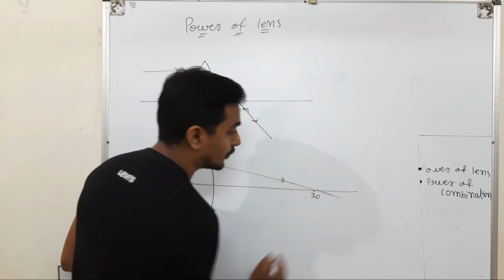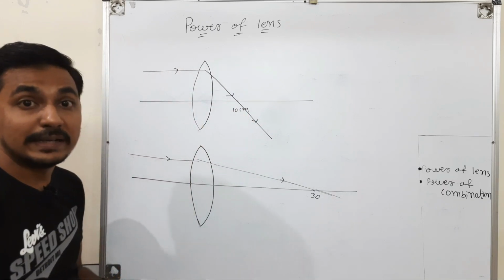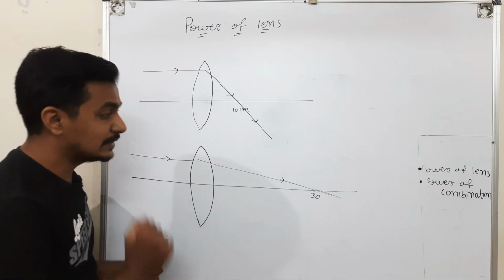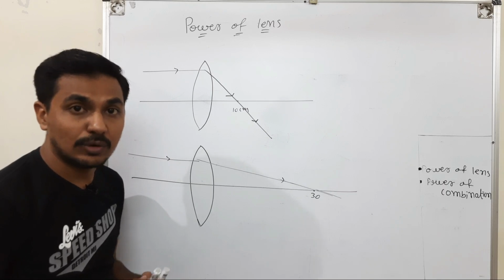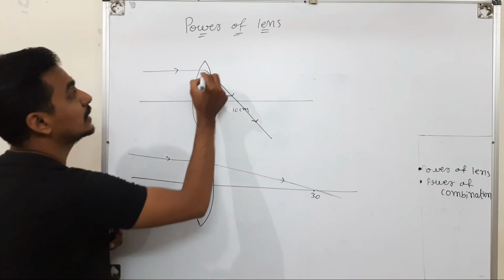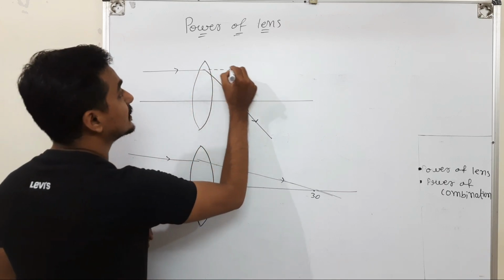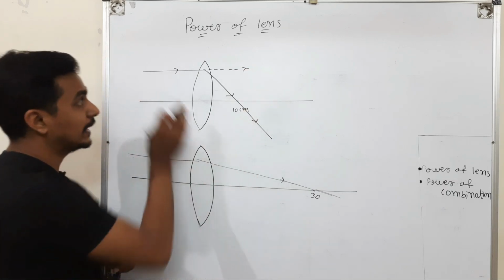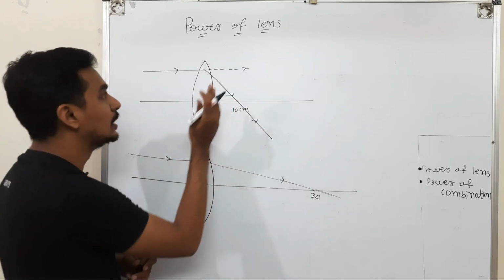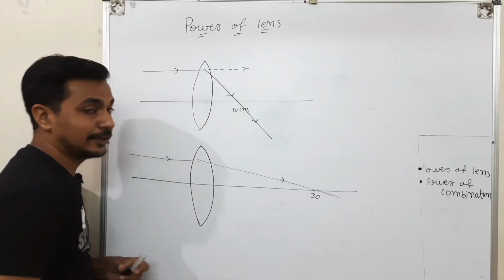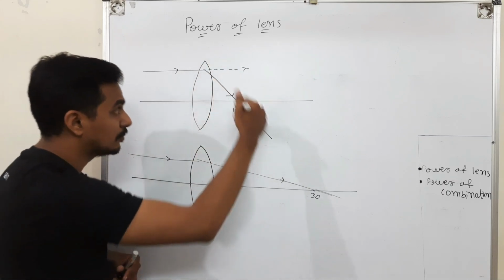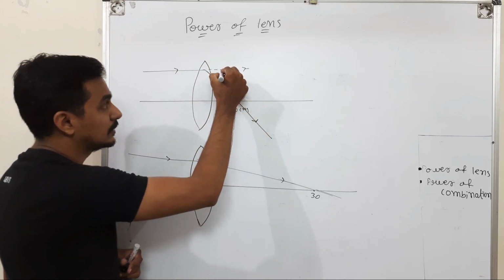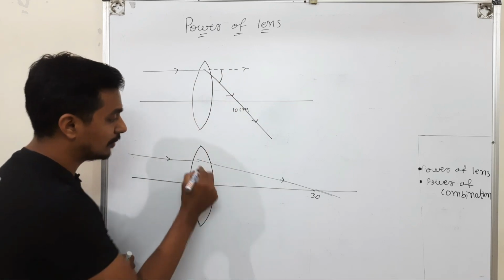Now observe the degree of bending. In which lens is the degree of bending more? Here the ray was actually passing in this direction, and we have put a lens here, and due to that lens the ray bends. Compare this angle with this angle.